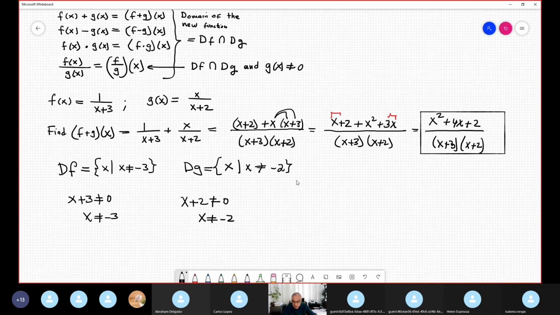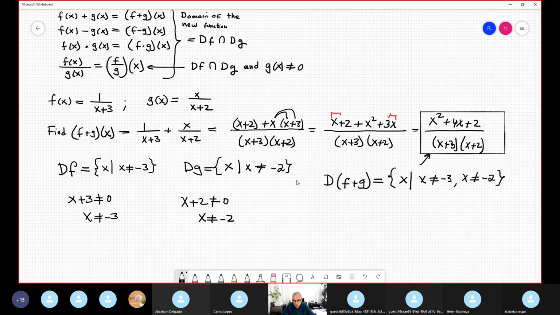What is the domain of this expression? Well, this is the intersection, this and this together. The domain of f plus g is all real numbers such that x is not negative 3, comma, or you write and, because it's the same, negative 2.